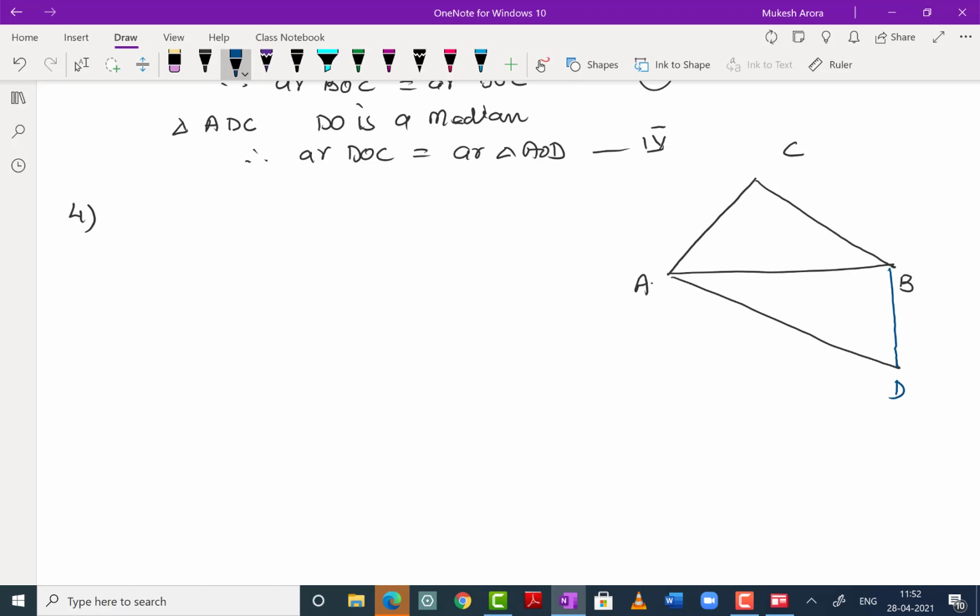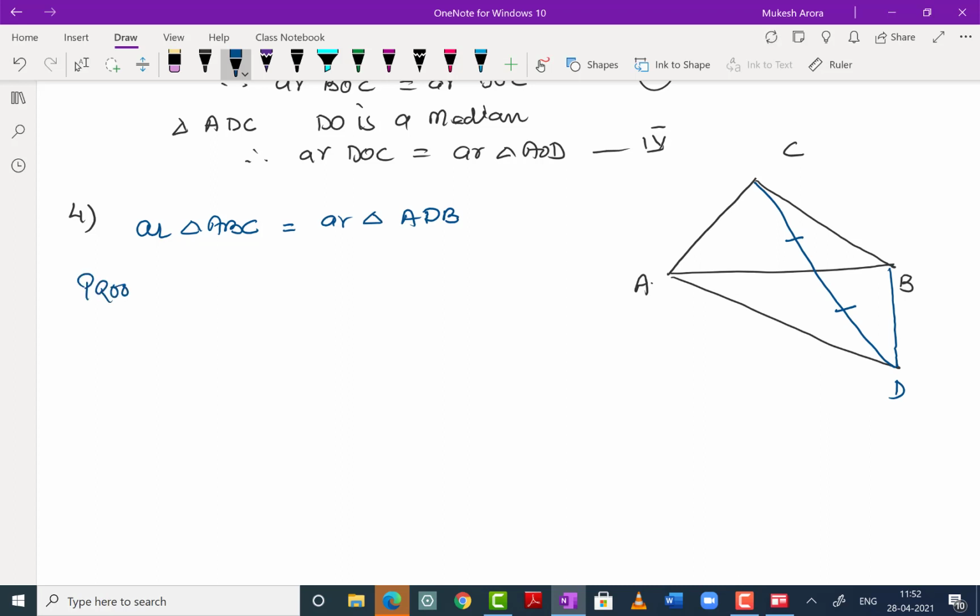If the line CD is bisected by AB, meaning these two parts are equal, prove that area of triangle ABC is equal to area of triangle ABD.